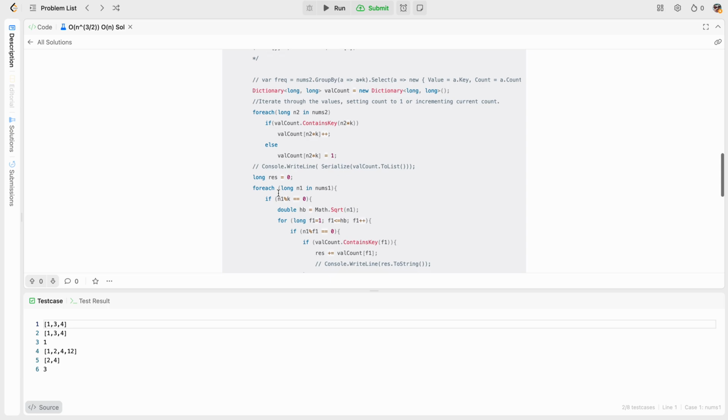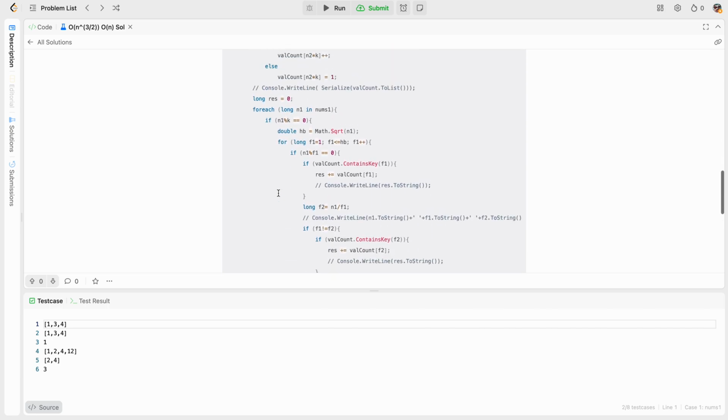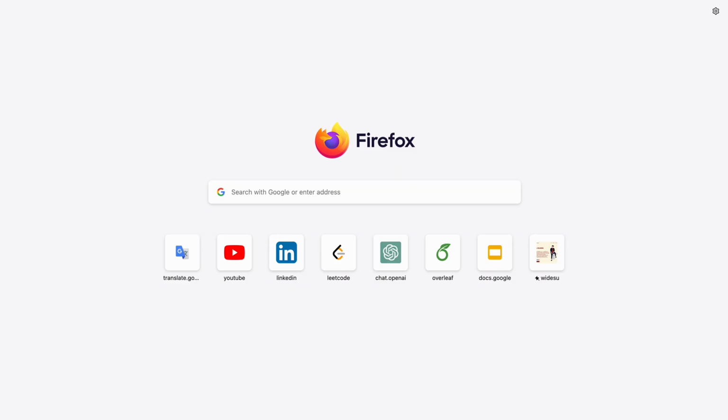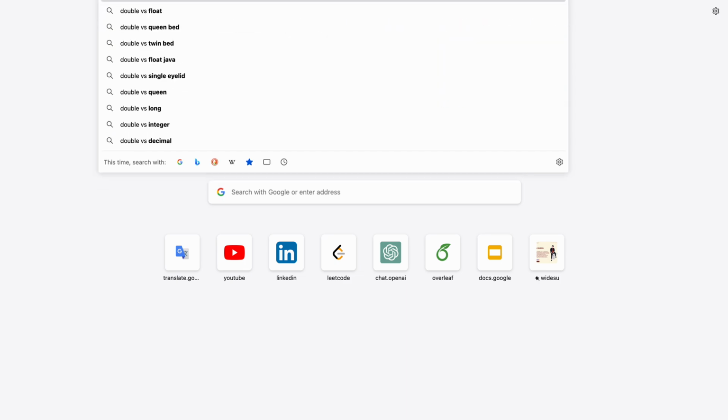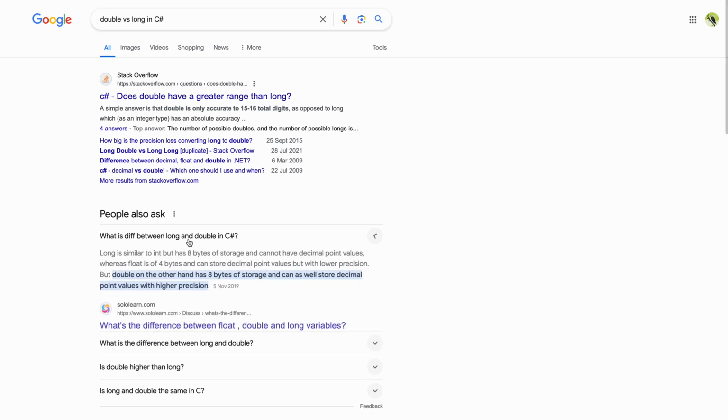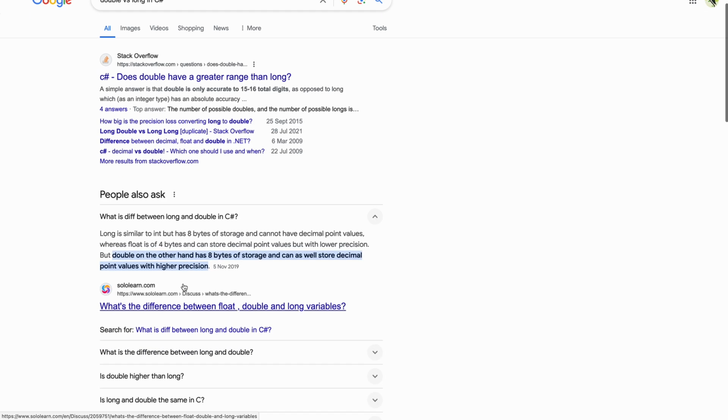And besides, what else? This one is tricky. They are not the same data type, but I feel that double and long in C# can be compared.